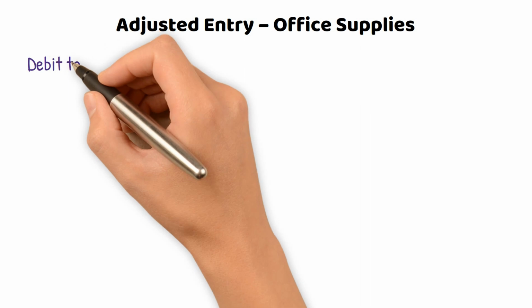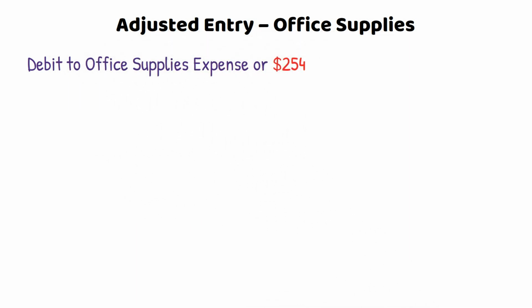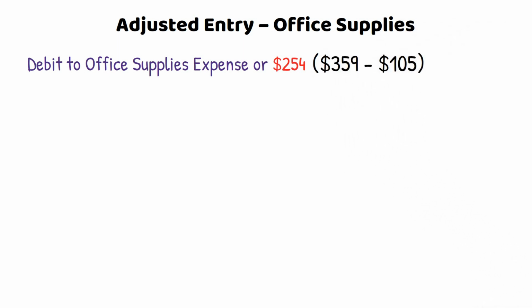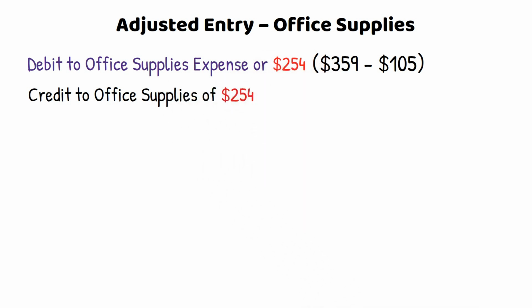Adjusting entry, office supplies. Here's an example of an adjusting entry to record office supplies used. Debit to office supplies expense of $254, which is $359 minus $105. Credit to office supplies of $254.